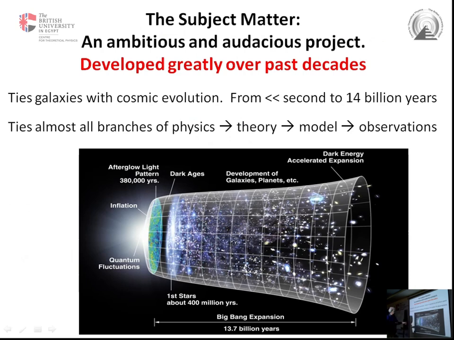And they evolve, and one of the big endeavors of the past decades, and even more so in the next 10 or 20 years, is to map the density of galaxies, their properties, and so on, with cosmic evolution, to test our models, starting from quantum fluctuations all the way to today.